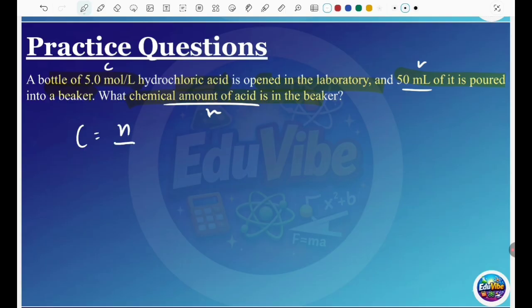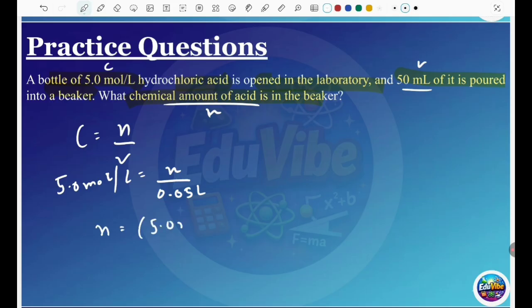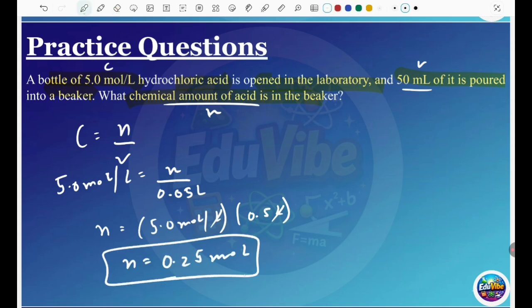C is equal to n upon V. So C is 5.0 moles per liter and V is 50 mL, which is 0.05 liters. To find the n, multiply both things. So liters cancel and you get n of about 0.25 moles.